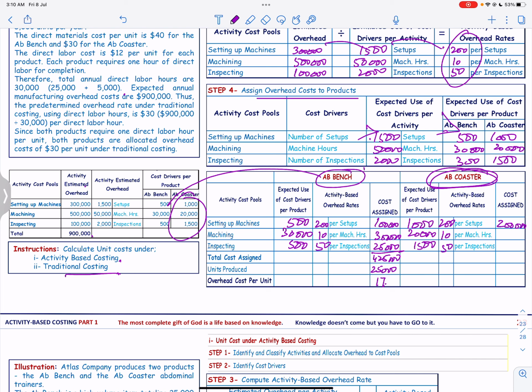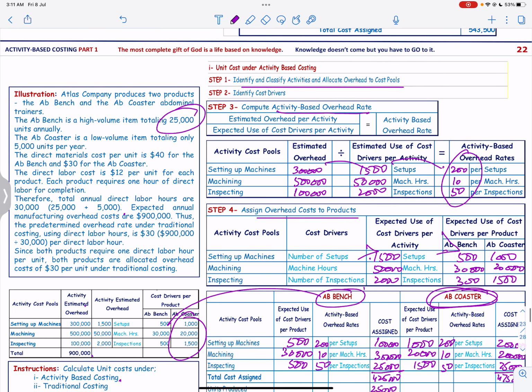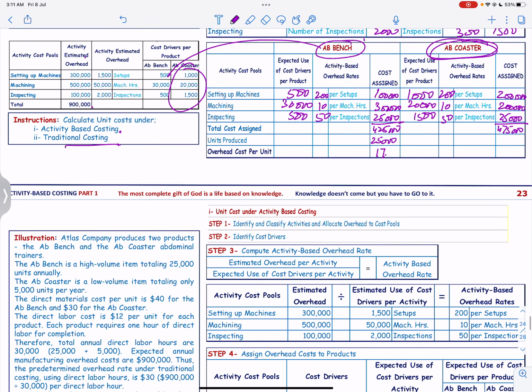Then we have again 200,000, and then we have 75,000, and the total cost assigned will be 475. The number of units produced is 5,000. So we have 5,000 over here.